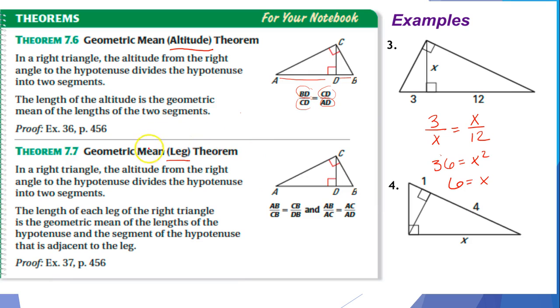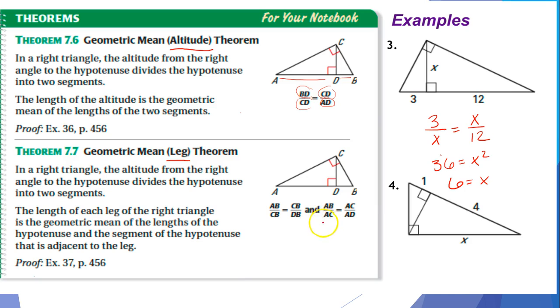And then the geometric mean leg theorem, it's similar, but why it's called the leg theorem is because many times we are either given information about one of the legs or we're trying to find one of the legs of our outer triangle, the biggest triangle that we have.